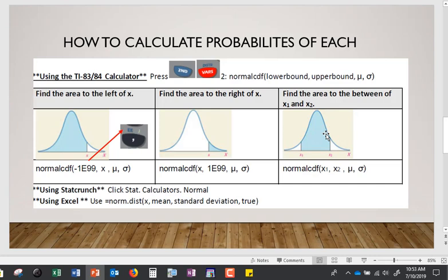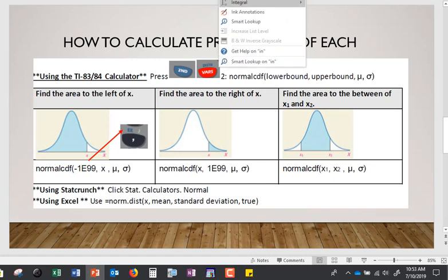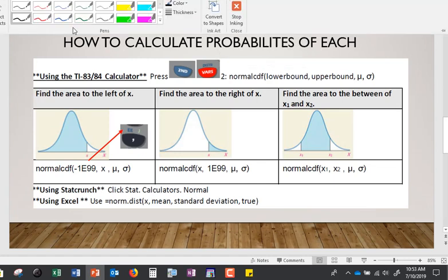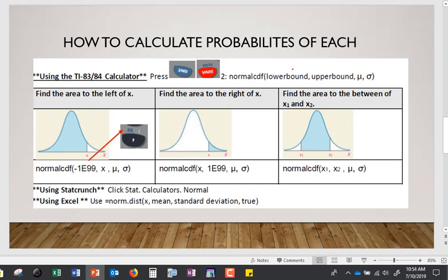If you wanted to find the probability for your sampling distributions, the setup is the exact same. The only thing that changes is that standard deviation, your standard error. So everywhere where it says sigma, if this is a sampling distribution of the sample mean, you will enter sigma divided by square root of your sample size.